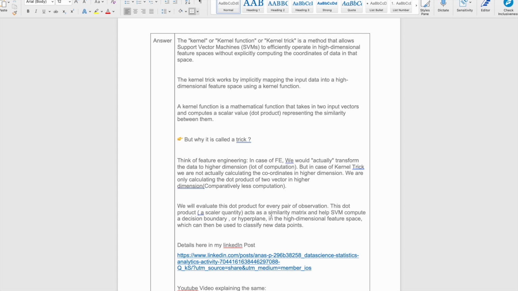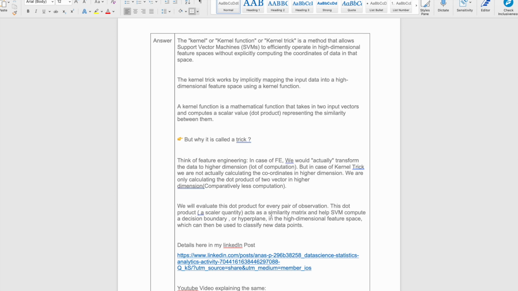But this particular operation is easy. And ultimately what is our goal as part of SVM? To find a decision boundary, we needed the similarity. The dot product is also called similarity. We needed the pairwise similarity of all the data points in a higher dimensional space. That's what we wanted, right?